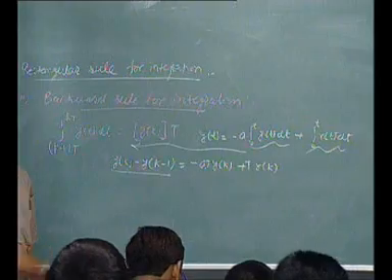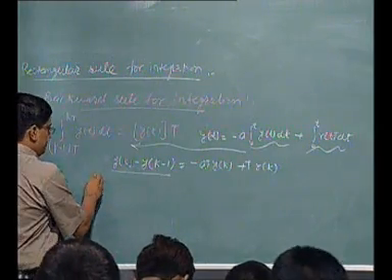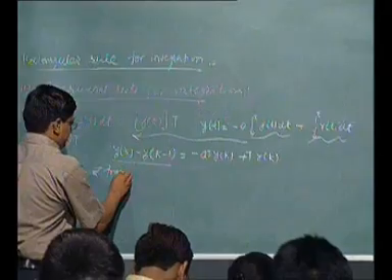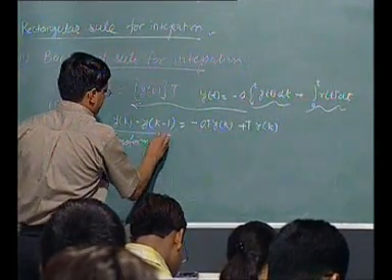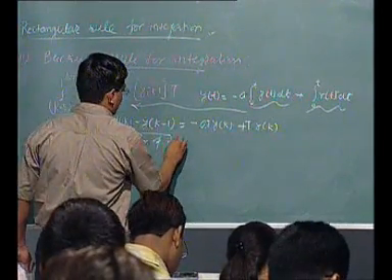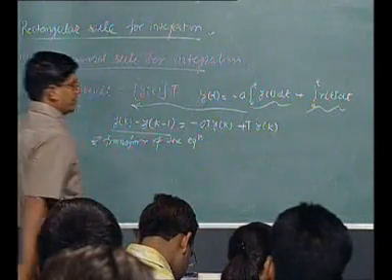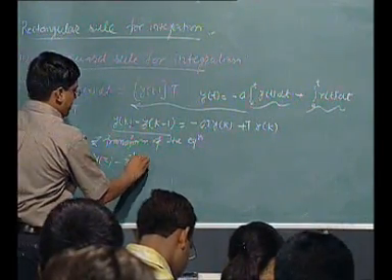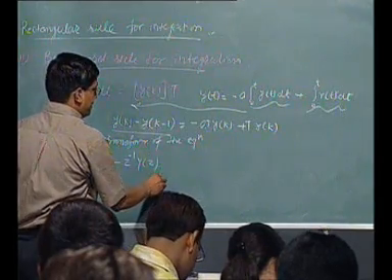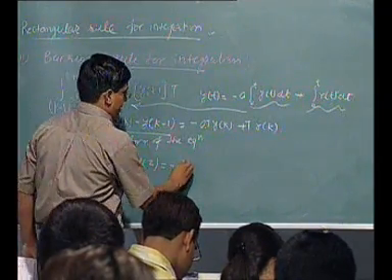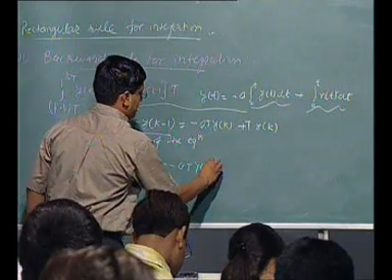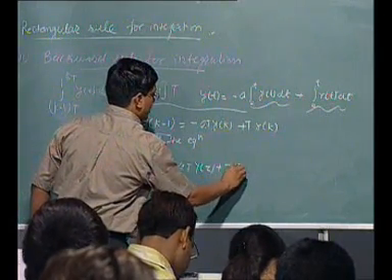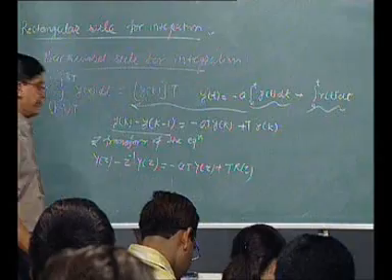Now, again taking Z transform of the equation: Y(z) minus z inverse Y(z) equals to minus a T Y(z) plus T R(z).